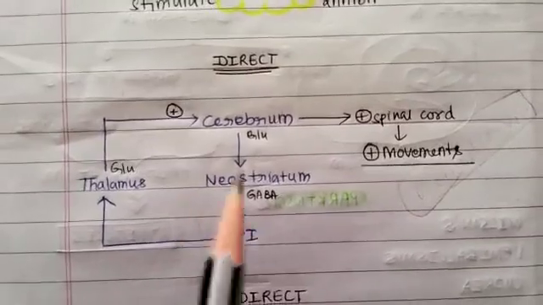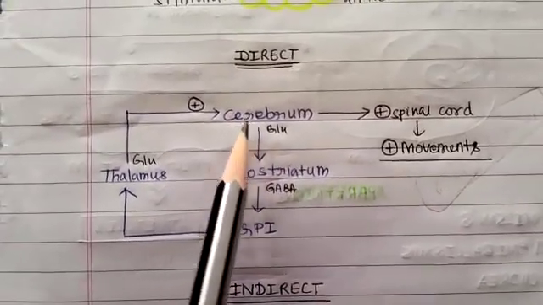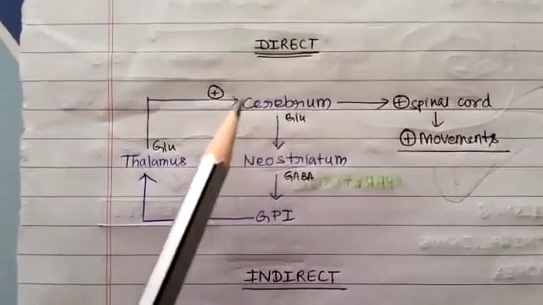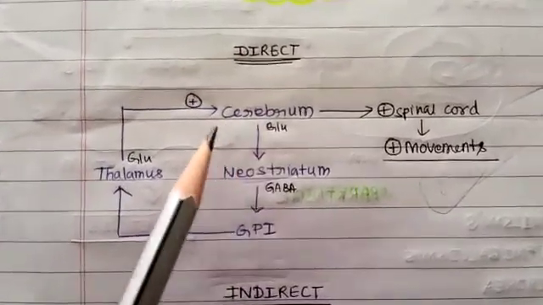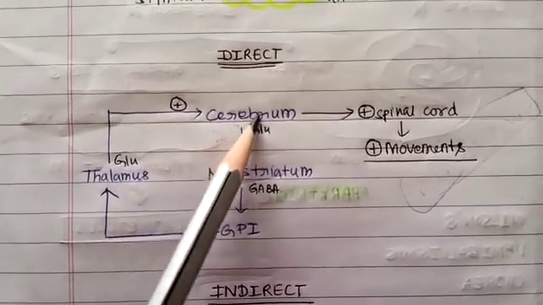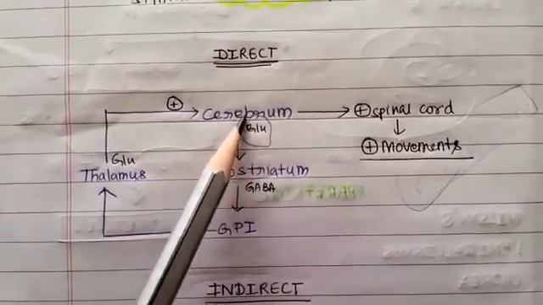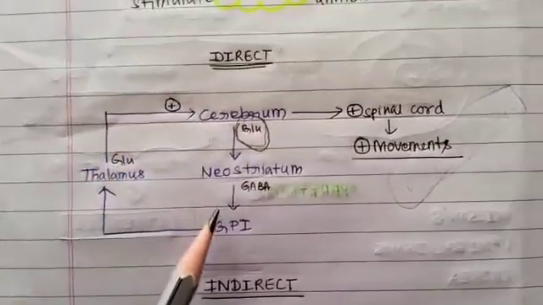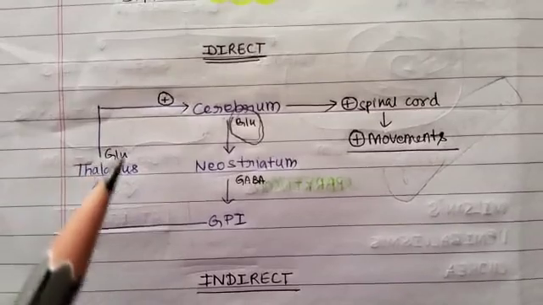See, you thought of picking a teacup, okay? So the stimulus comes from cerebrum, that you have to pick a cup. The neurotransmitter which is released is glutamate. Glutamate is always an excitatory neurotransmitter. That comes to the neostriatum, that is caudate and putamen.